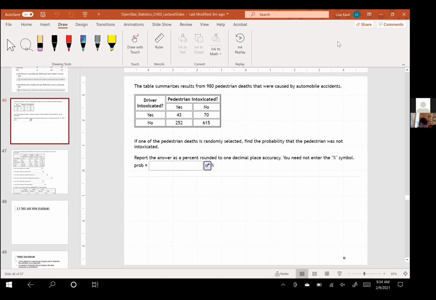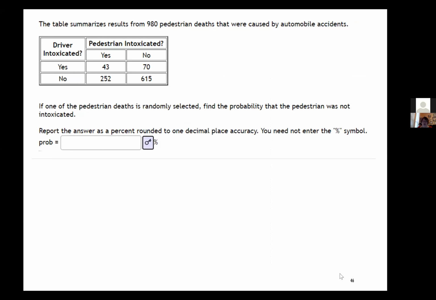All right, here we go. So this first example is a contingency table where they just give you some information in a table. What you have here is 980 pedestrians who were killed by automobile accidents. In the 2 rows, the driver who was involved in this accident was intoxicated.